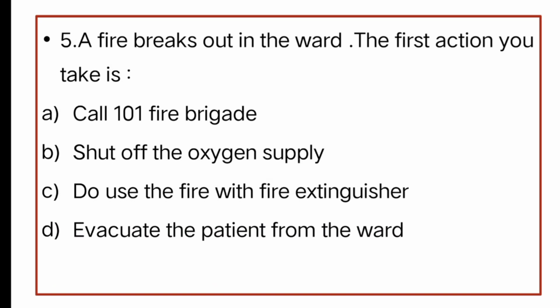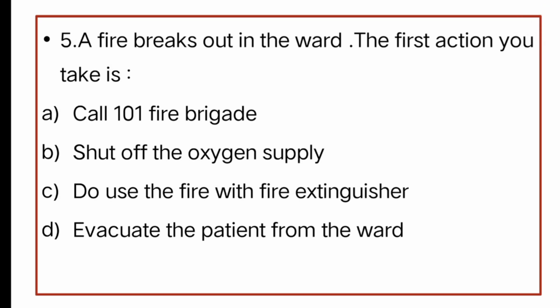Whenever we see questions related to fire, we have to keep in mind the mnemonic RACE, R-A-C-E. In RACE, R is rescue and remove the client. Among these four options, the first action we have to do, according to that mnemonic, is R, which means remove or rescue the client.